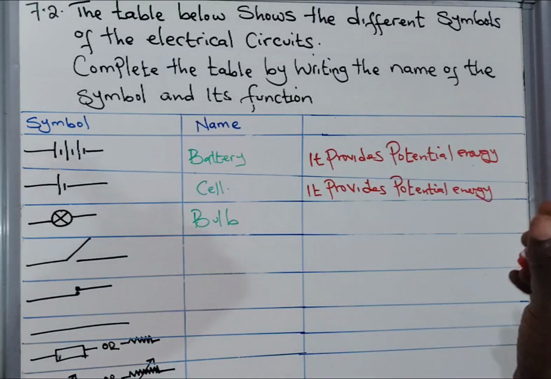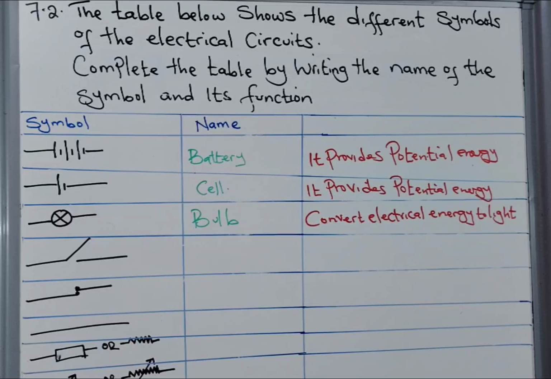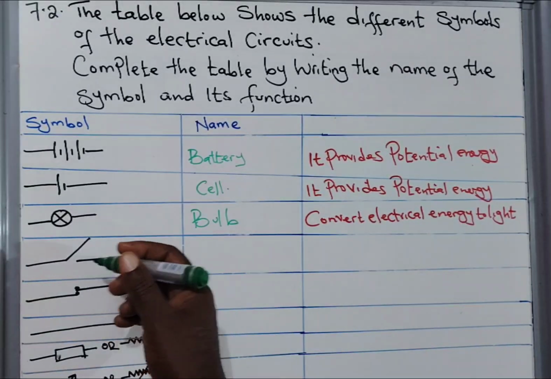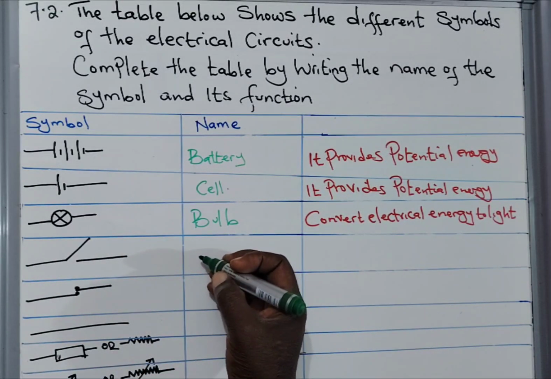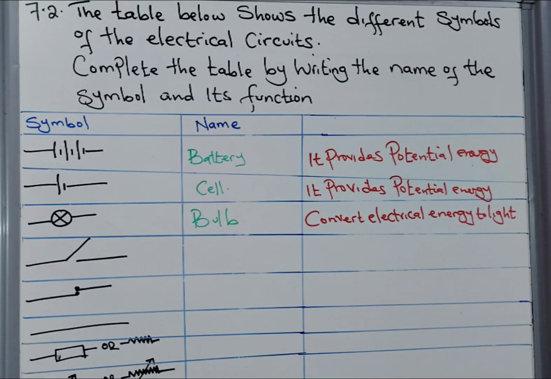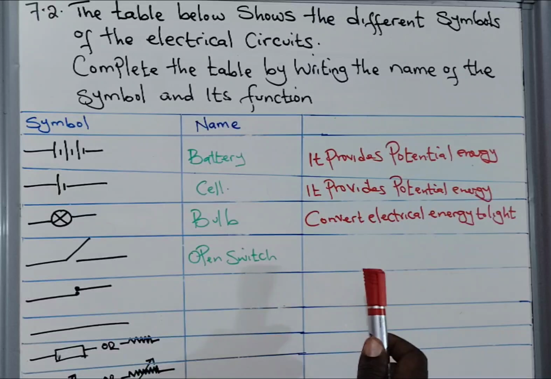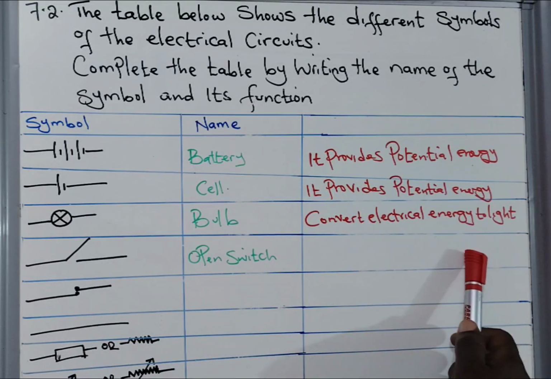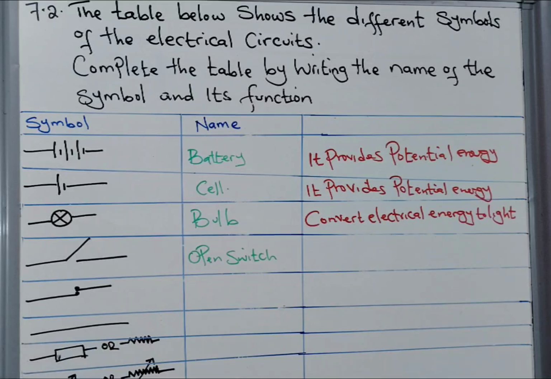Okay, it first converts it to heat, then light. Then we come to this one. What is it? This is an open switch. And what is the function of an open switch? It opens and closes the circuit.